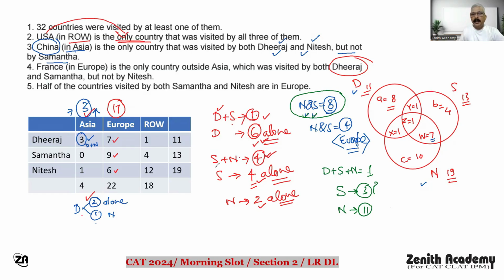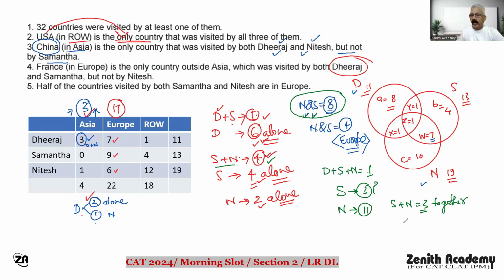So here Samantha and Nitesh, 4 countries visited together in Europe. So the remaining 3 countries, they will visit in the rest of the world. So Samantha plus Nitesh, 3 countries together. Okay. So it means out of 11, 3 countries here. Correct.